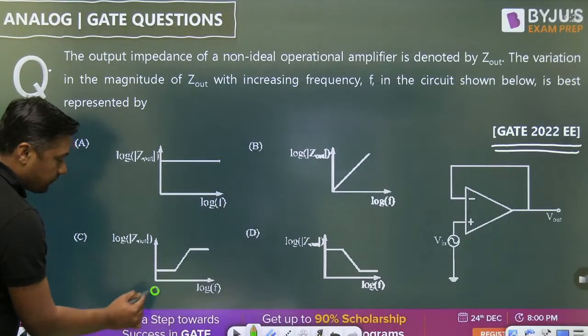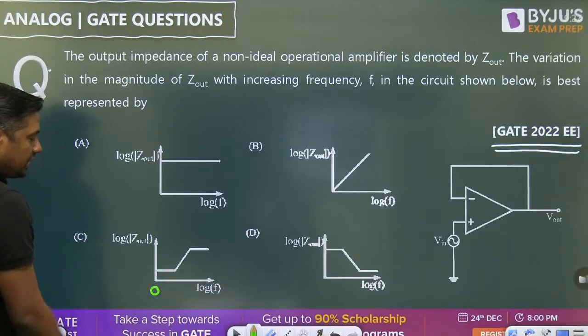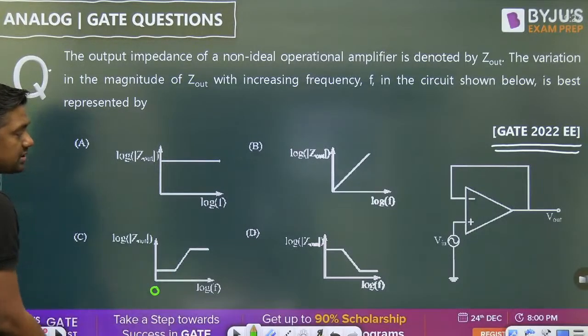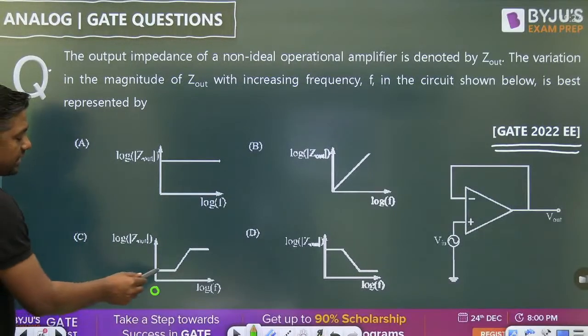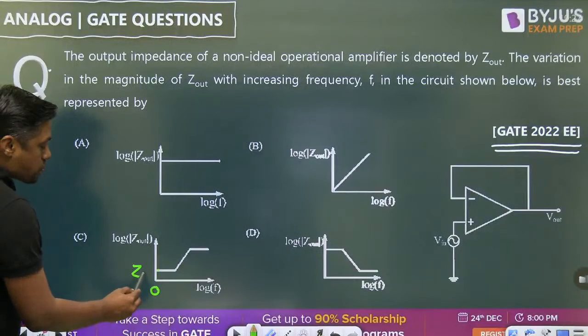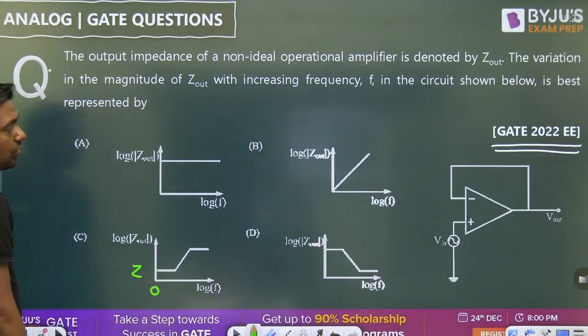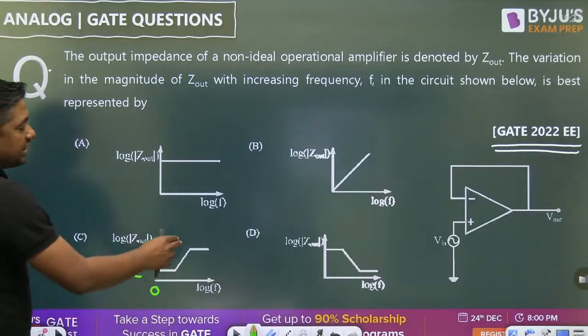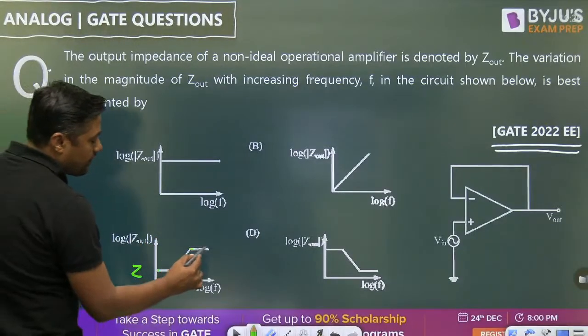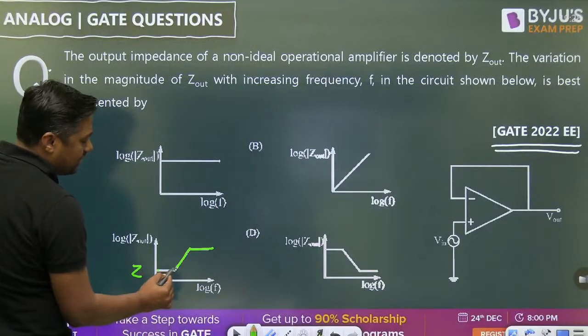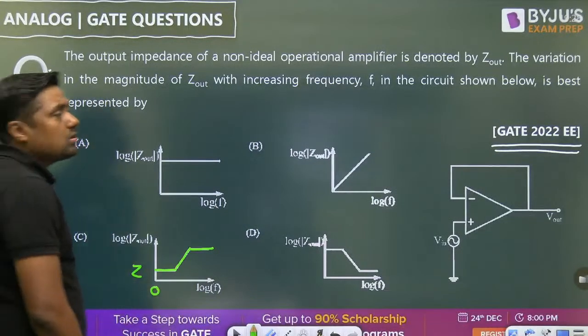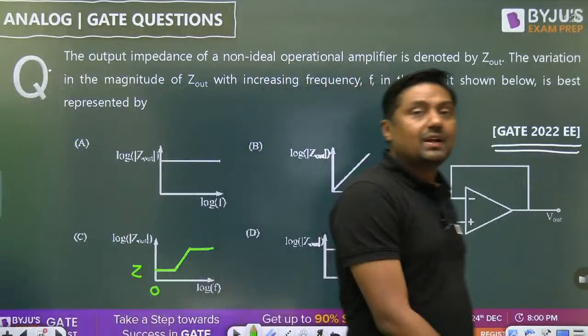It depends upon the frequency. When the frequency is very low, the gain is maximum. That's why impedance is minimum. When we increase the frequency, the gain will reduce. So what about the impedance? Impedance will increase and finally it will saturate. It will reach the maximum level, and then it will become constant. Okay, that is the case.